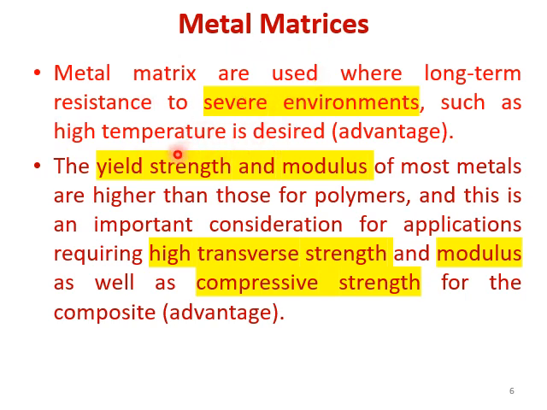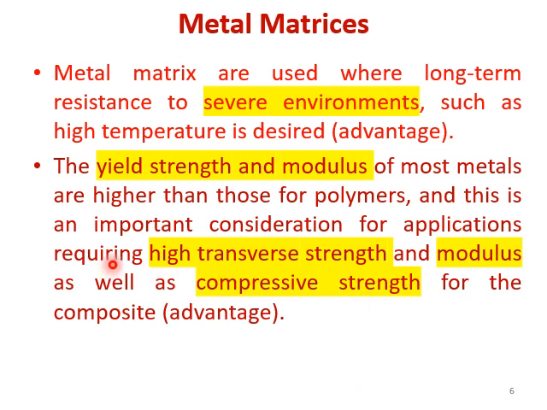Now we all know that metals have isotropic properties, right? They also have high yield strength and modulus, as we discussed in the last class, and they are isotropic in nature, and thereby their transverse strength and modulus as well as compressive strength and modulus will also be advantageous. So if you use a metal matrix, then in that composite we can have a better transverse strength. What is transverse strength? Transverse strength is the strength in a direction perpendicular to the direction of orientation of fibers, right?